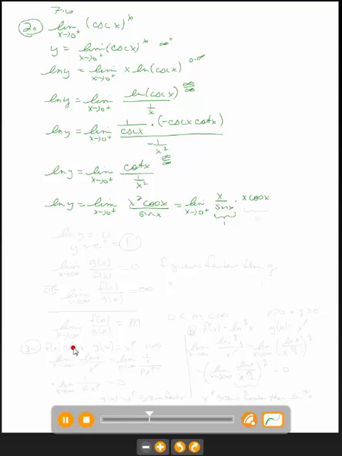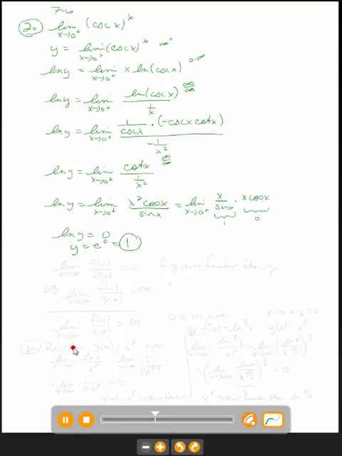This piece is going to go to 1. This piece over here is going to go to 0. 1 times 0 is 0. So I have the natural log of y is equal to 0. I have to undo that by putting an e through. So I get y is equal to e to the 0, which is 1. And so the limit is 1.